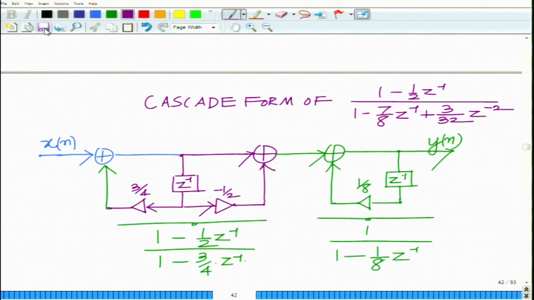Okay. So, this basically is the example for the cascade form.